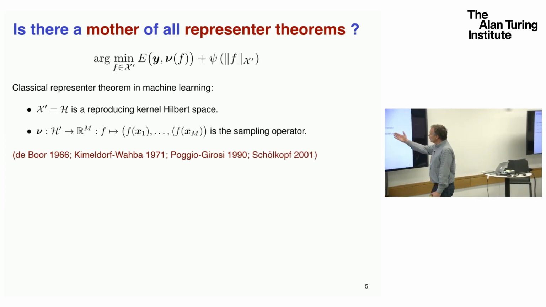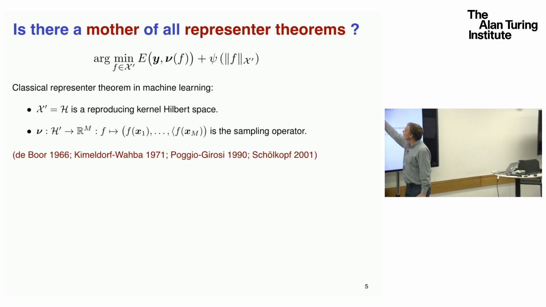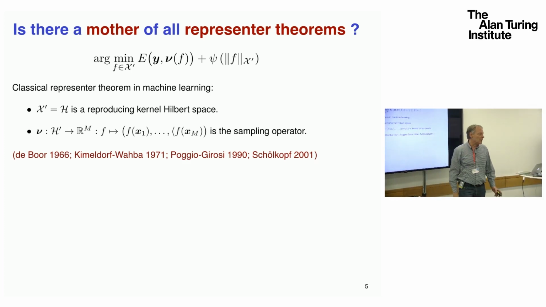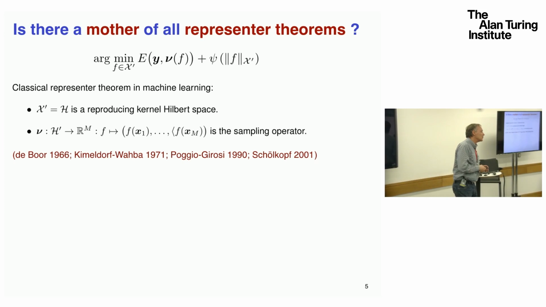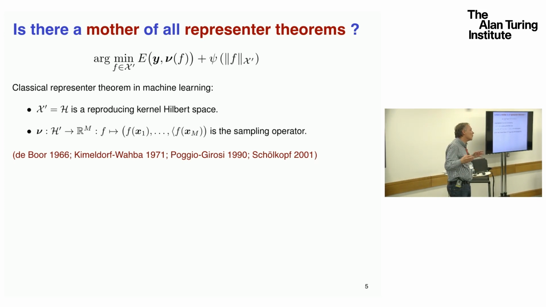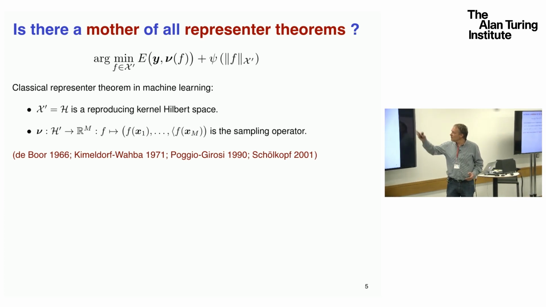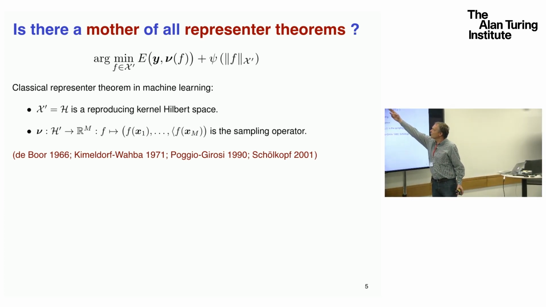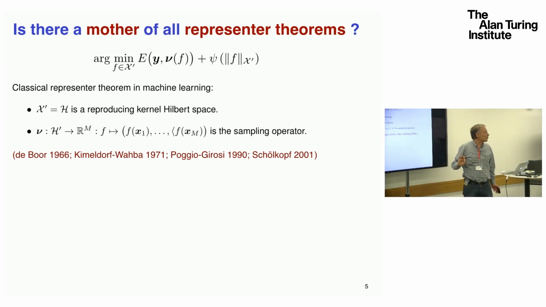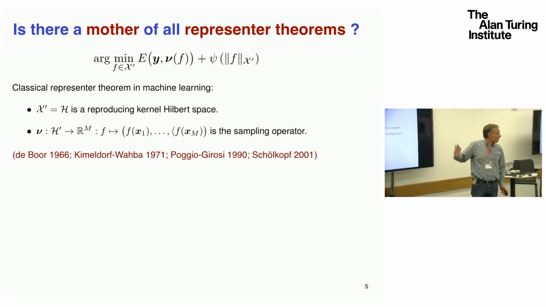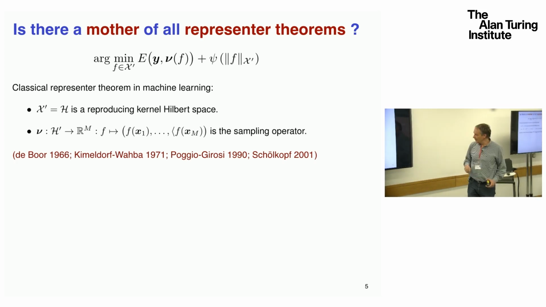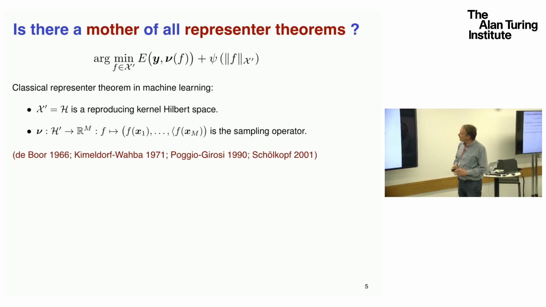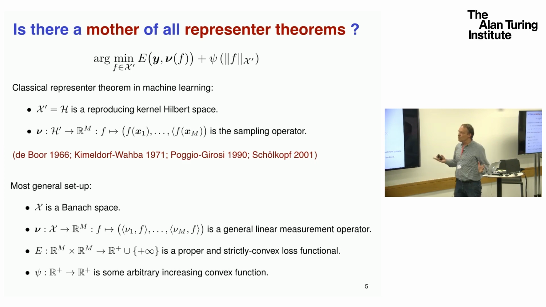Okay, so first generalization: Schölkopf noted that instead of taking the square loss, you can put any convex loss, and the same theorem still holds. You can also add some convex function that acts on the function. It's a two-liner proof, but has lots of implications. And so now the question is, can we be more general?